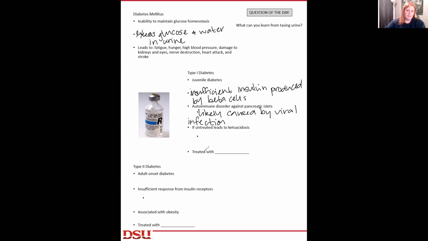So if type 1 diabetes is left untreated, it leads to something called ketoacidosis, which basically is where fat metabolism leads to an increase in something called ketones in the blood. And these can be monitored in the urine.